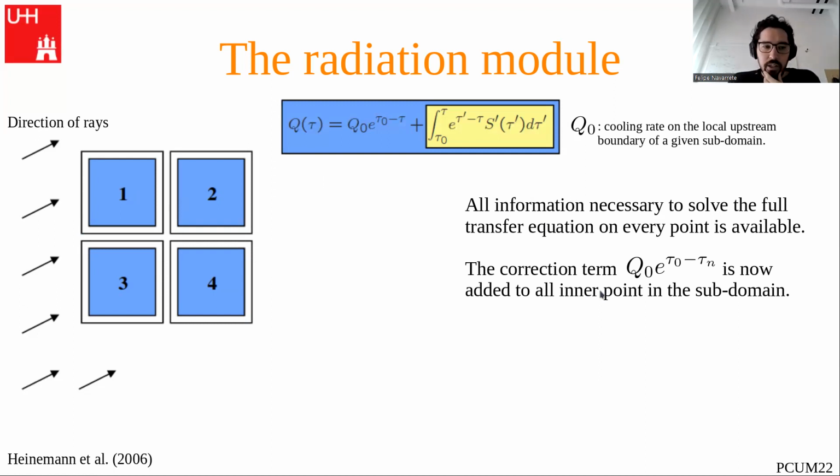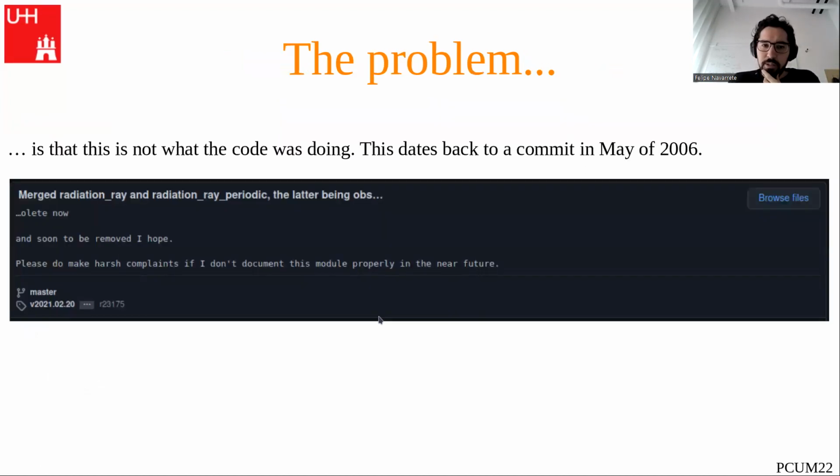So the scheme is quite simple, but the problem is that this is not what the code was actually doing. At least not in the X and Y directions. And this dates back to a commit in May 2006, or it may even be further back.